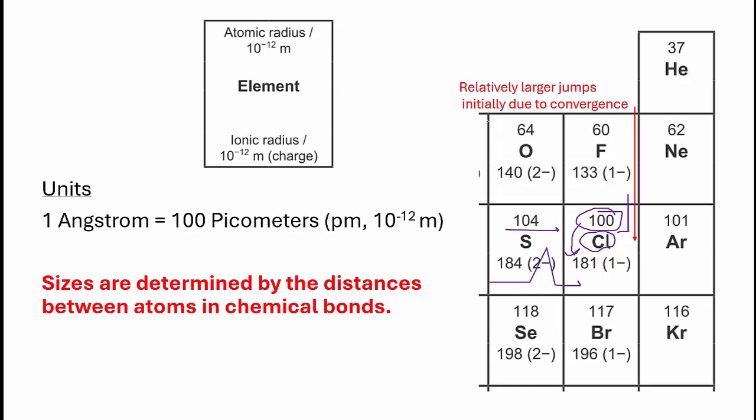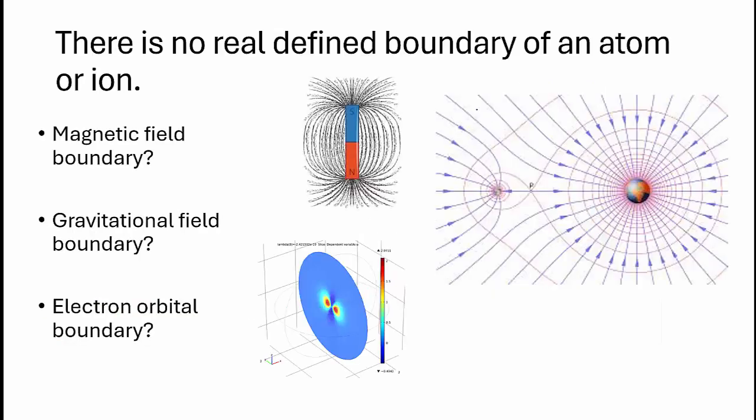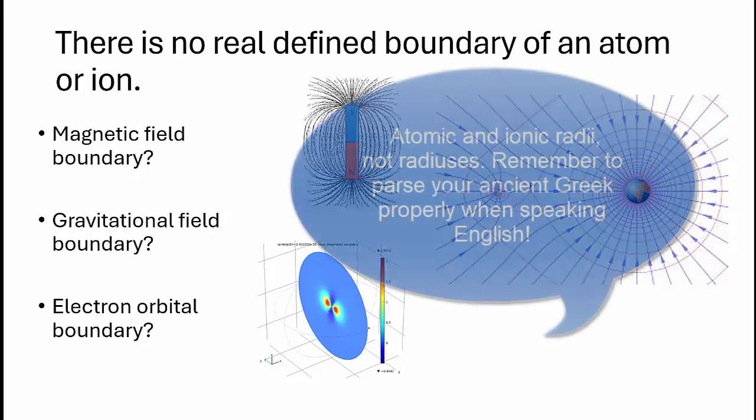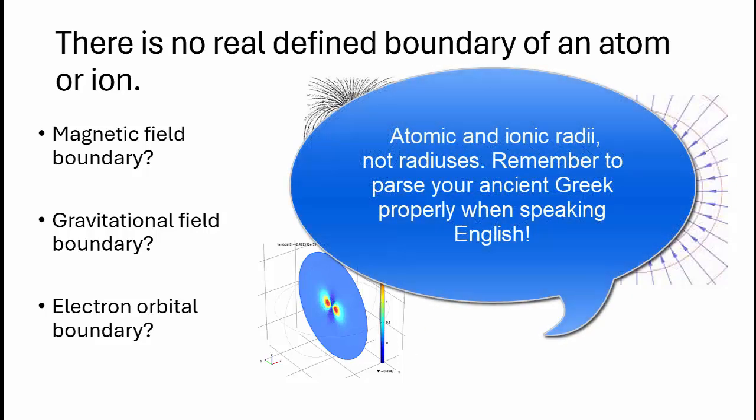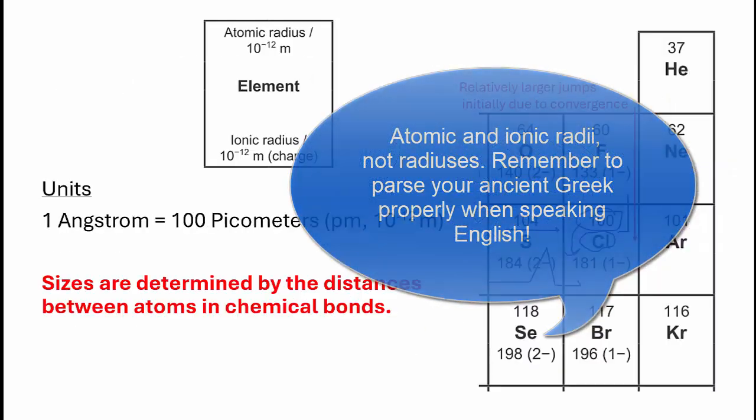Going into the details of that, first of all, there is no real boundary for atomic and ionic sizes. There's no real boundary of where a magnetic field starts and ends, or gravitational fields, or electron fields for atomic and ionic radiuses. So that's one issue, that there's no real definition of that.